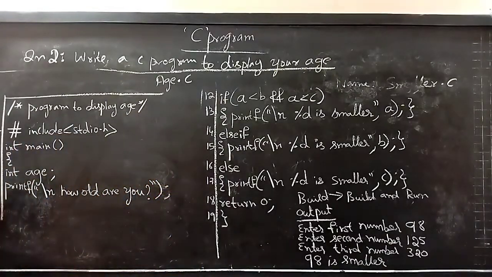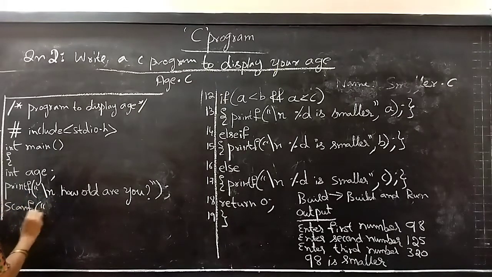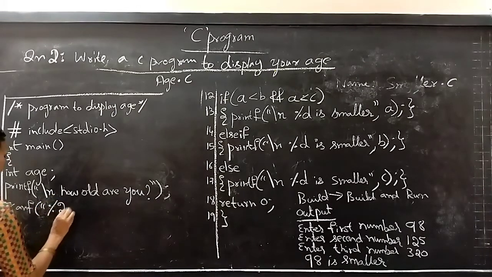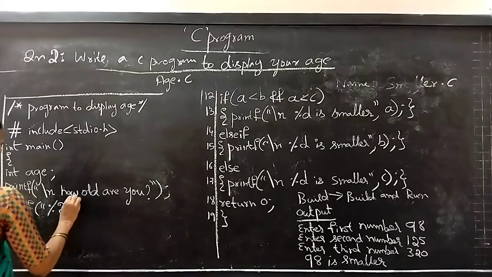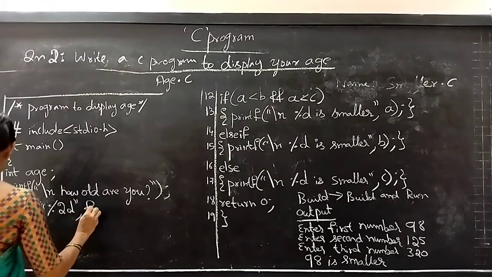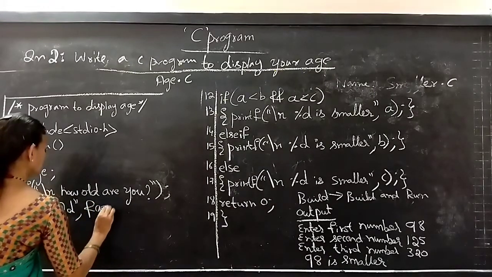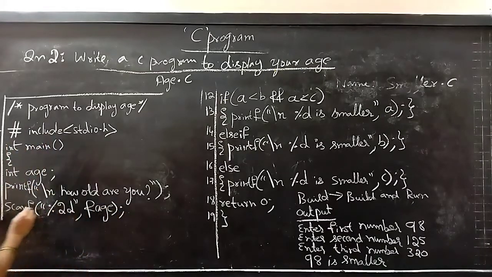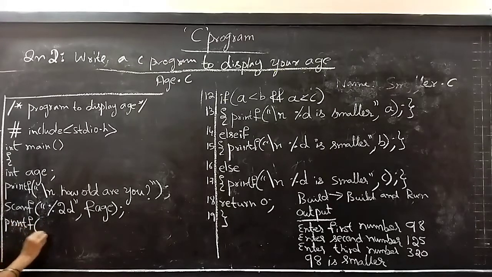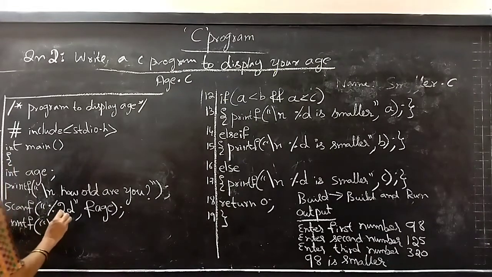Then seventh line you have to write scanf open bracket double quotes open percentage symbol 2d double quote close and age semicolon. Then eighth line you have to write printf open bracket, you should write double quotes, backward slash n.